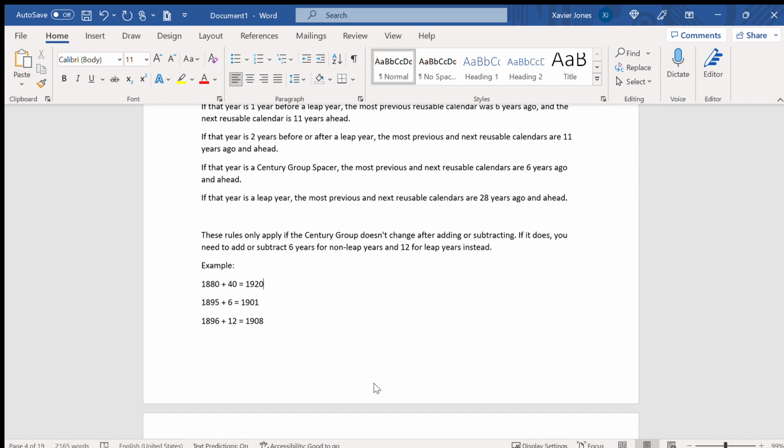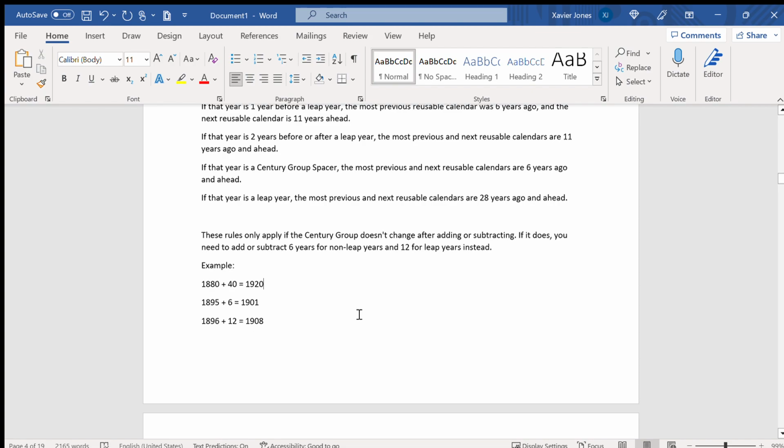And 1880 and 1920 should have the same calendar. Let me double check that. 1880, that would be a yes Thursday. And 1920 is also a yes Thursday. Okay, just double checking.